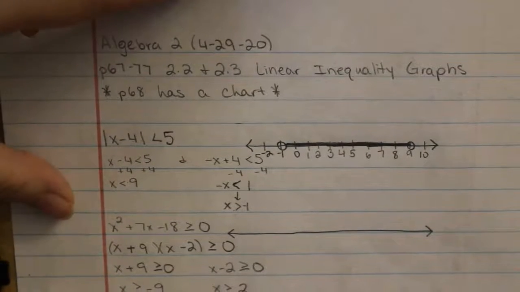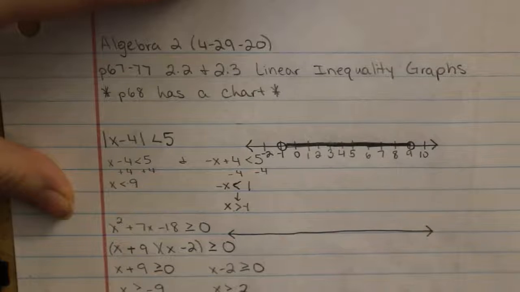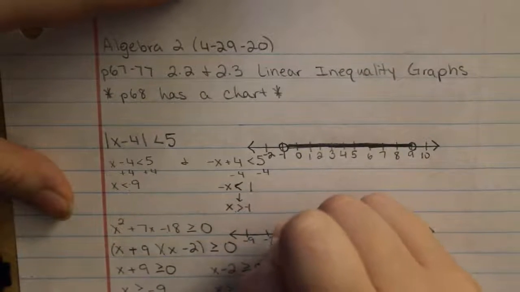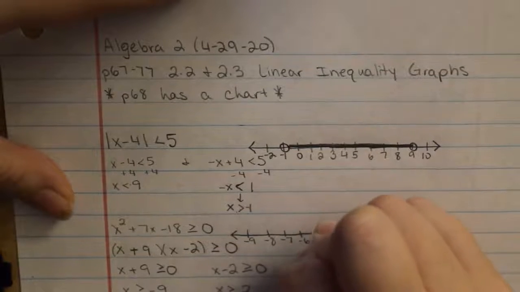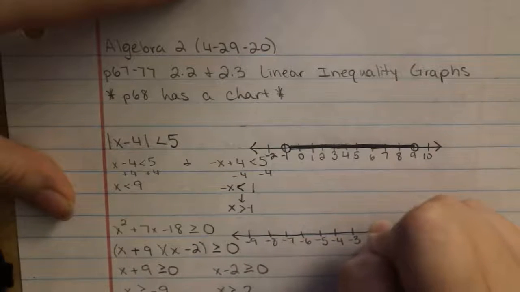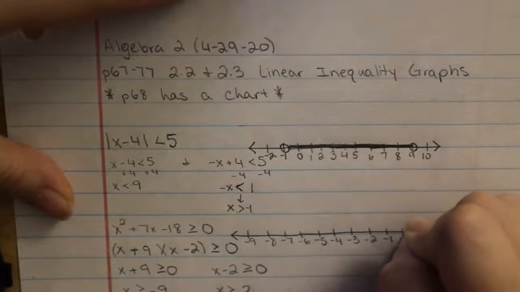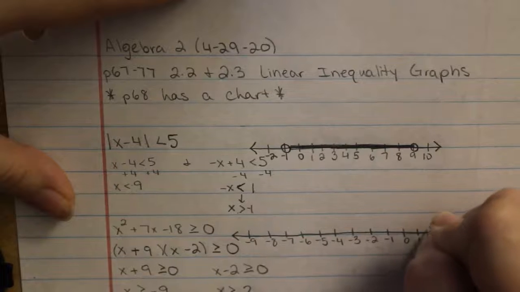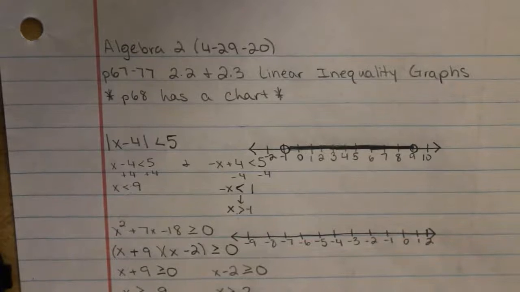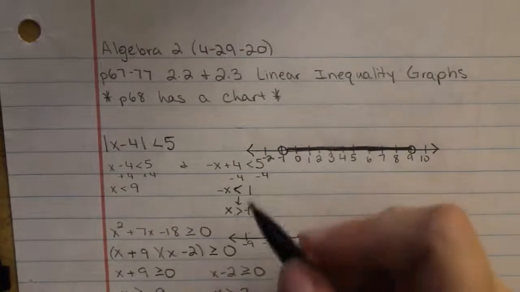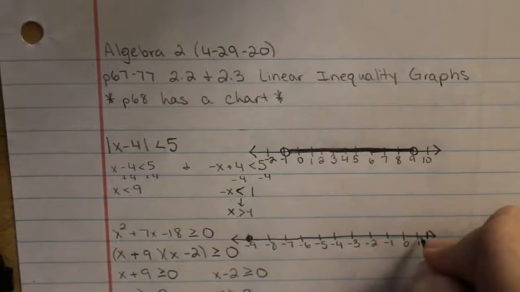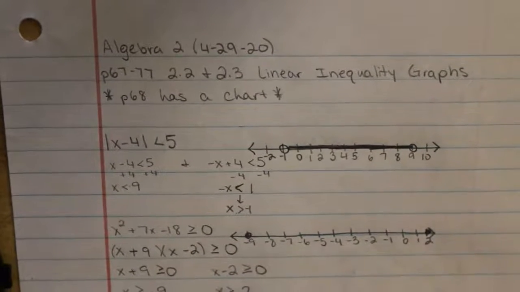Okay, so I need to get negative 9 and positive 2 on here. So I'm going to start at negative 9, negative 8, negative 7, negative 6, negative 5, negative 4, negative 3, negative 2, negative 1, 0, 1, and 2. For this graph, we have a closed circle on negative 9 and a closed circle on positive 2.